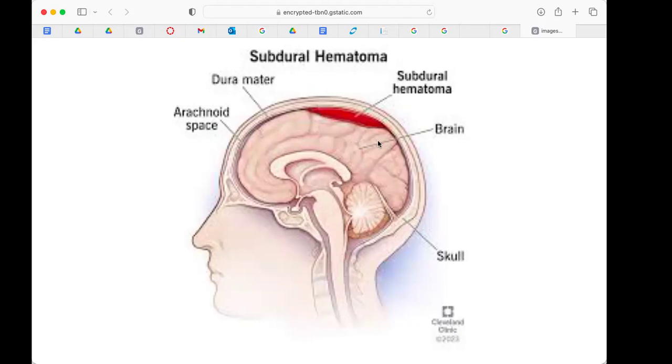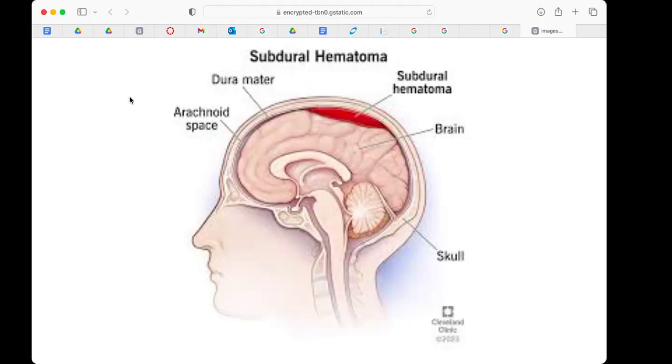So if this subdural hematoma gets large enough that the brain has no choice but to evacuate the cranium, the brain is going to slide down and herniate, and the area that controls the breathing, the medulla oblongata and the pons, is going to press against the foramen magnum, and then the person won't breathe, and then they'll die.